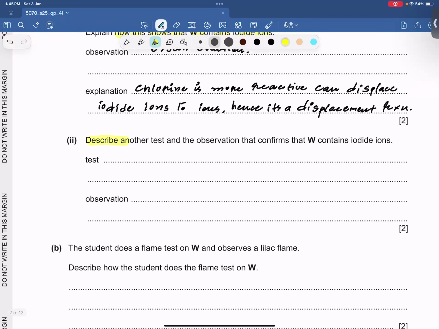Describe another test and observation that confirms that W contains iodide. Add dilute nitric acid, followed by silver nitrate.